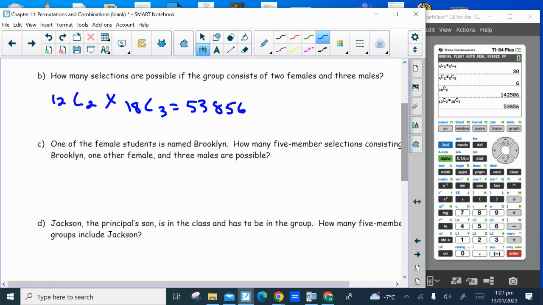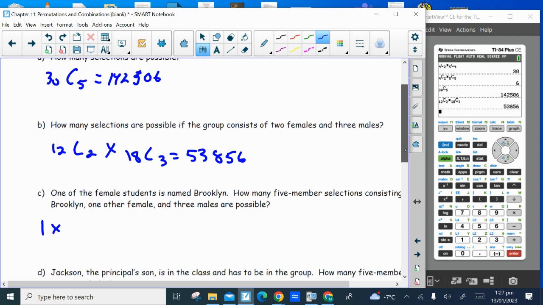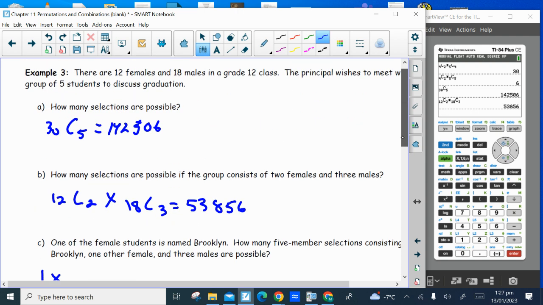Part C says, what if one of the females, whose name is Brooklyn, how many 5-member selections consisting of Brooklyn, 1 other female, and the 3 males are possible? So Brooklyn's got to be on there. There's only one way that can happen. We started with 12 females. We've already used 1 of them.